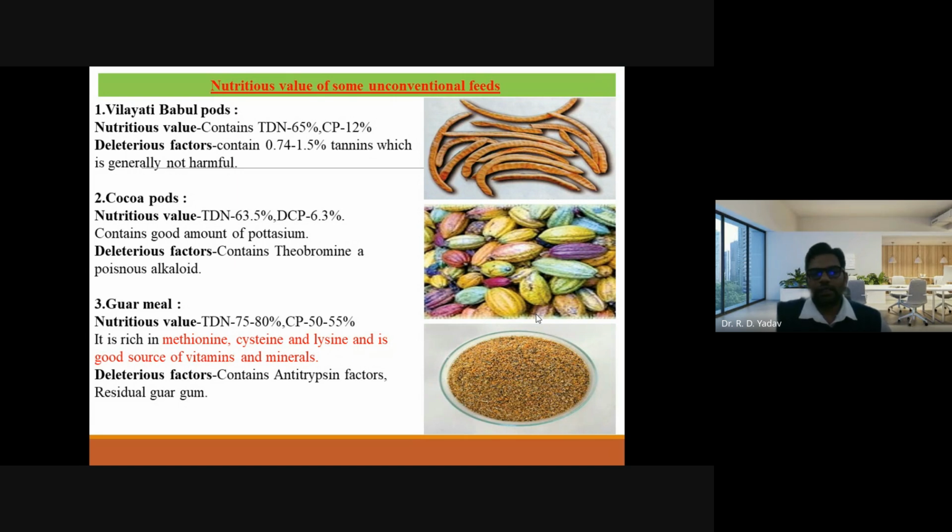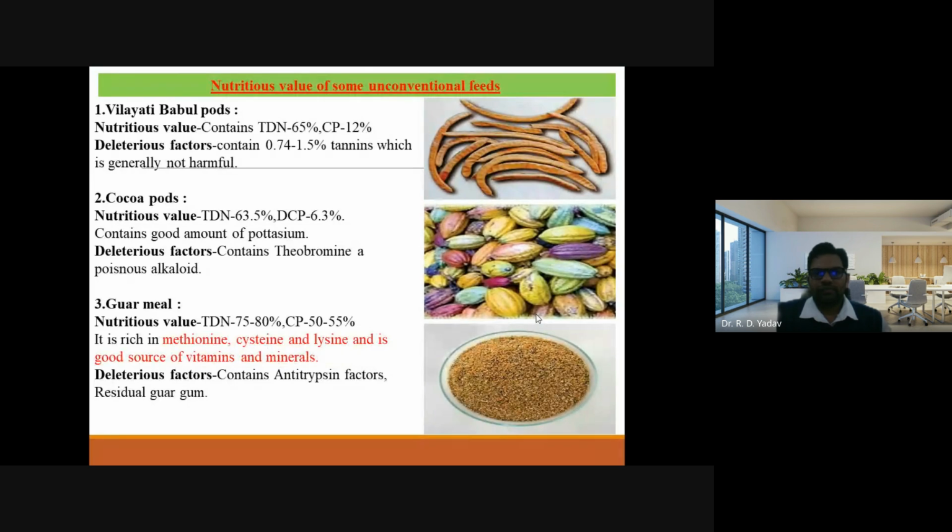It has a good TDN value, and the CP value is much more, you can say, equivalent to basic protein sources like soybean meal and groundnut cake, etc. The problem is that non-conventional feed resources have the presence of anti-nutritional factors.